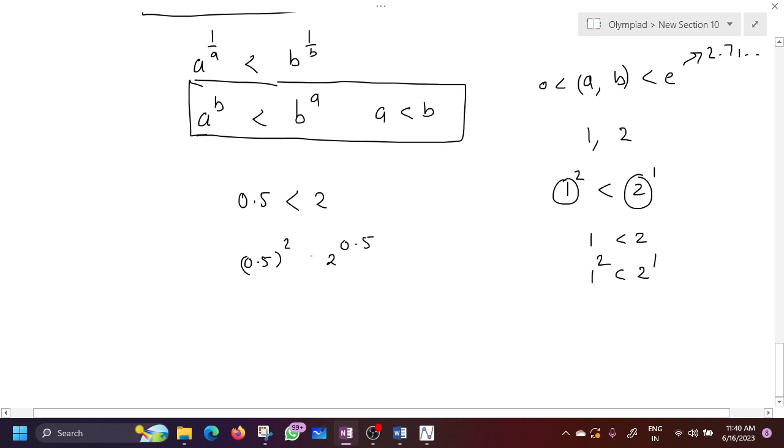According to the analogy, this should be greater. Now let's check. 2 to the power 0.5 is root 2 and 0.5 to the power 2 is 0.25, and root 2 is 1.41 something, which is greater than 0.25.